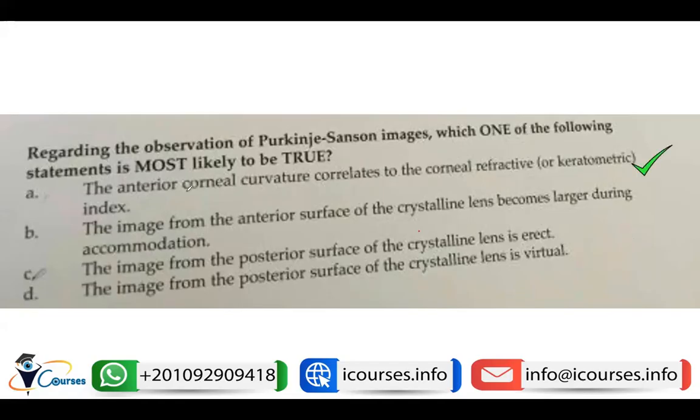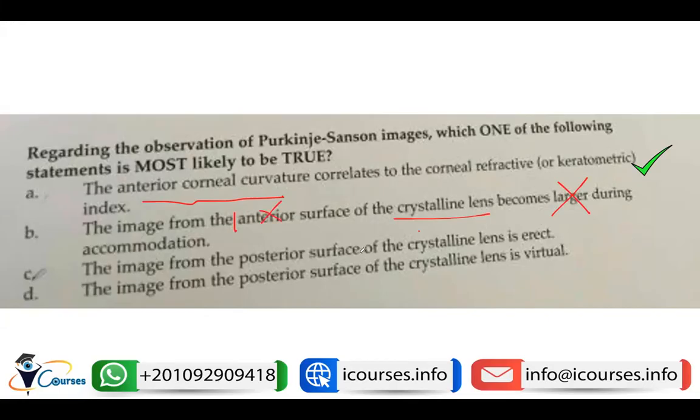Exactly. So we just mentioned that the anterior corneal curvature will be used for measurement of the keratometry, or the K readings. Image from the anterior surface of the crystalline lens becomes larger during accommodation. This is not true. Actually, what happens in the crystalline lens during accommodation is that the anterior surface will bulge rather than the posterior surface.